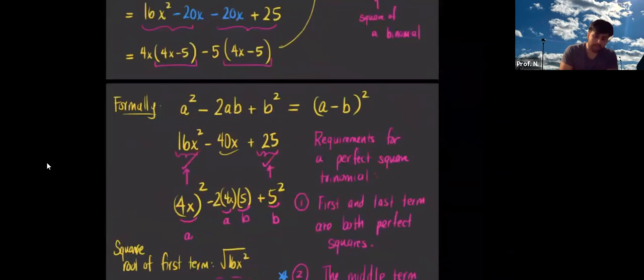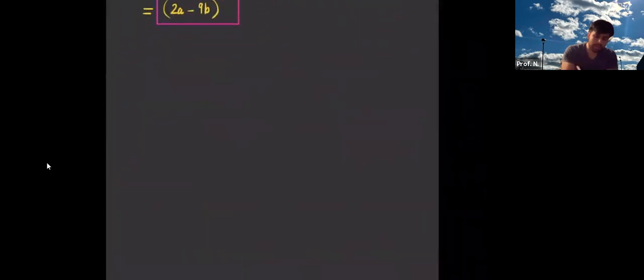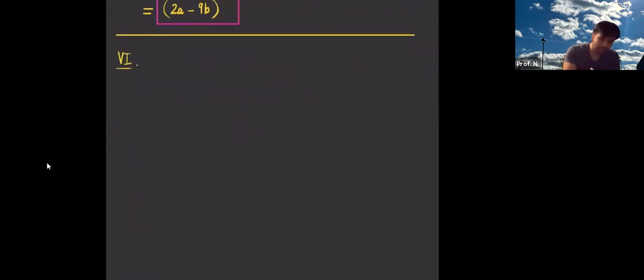And now the sixth kind of factorization, a scenario or case, is when you have what are called sum or difference of perfect cubes.